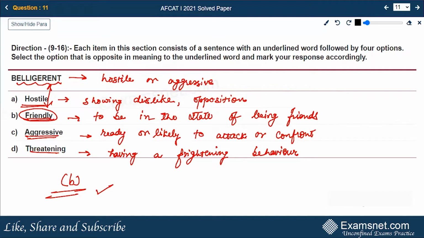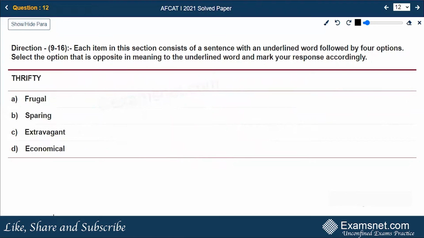Let's move to the next question, 12. Thrifty. You have to find the antonym of it. The given options are frugal, sparing, extravagant, economical. Let's go with the meanings of these words one by one. Thrifty means using money or resources carefully.